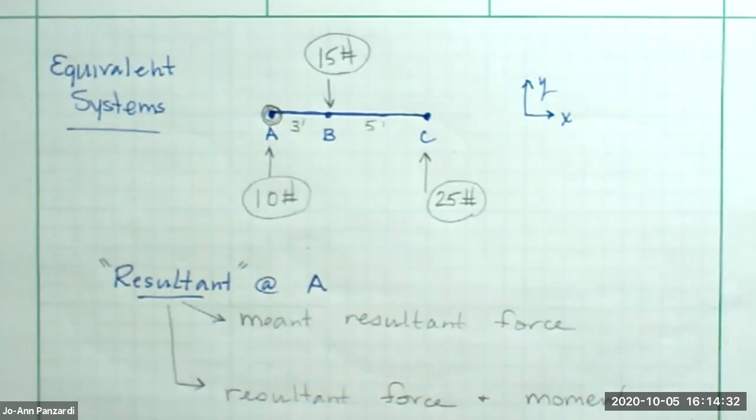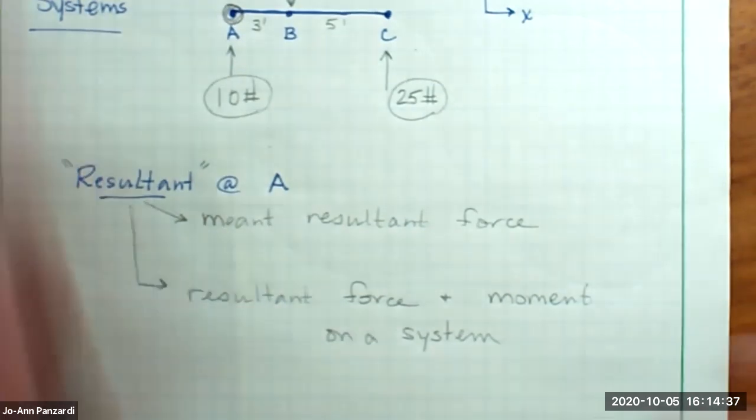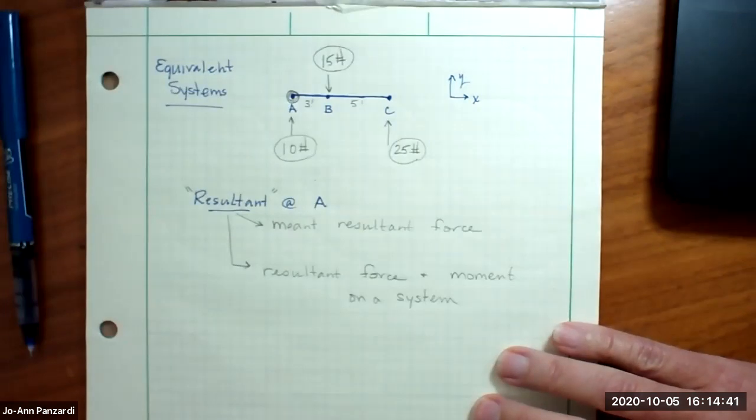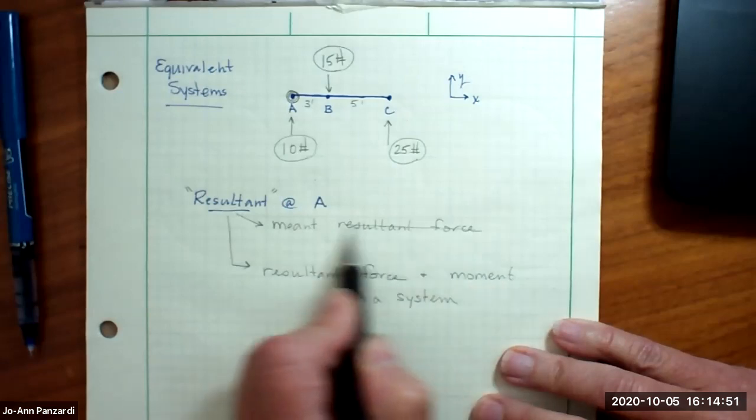So if a problem asks what is the resultant of this problem, you would be finding out what the resultant force and the resultant moment is on the system. Previously, we were only looking at the word resultant meaning force, but no longer.